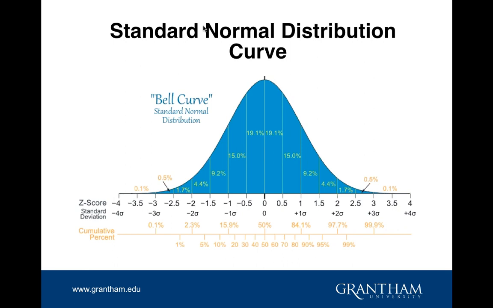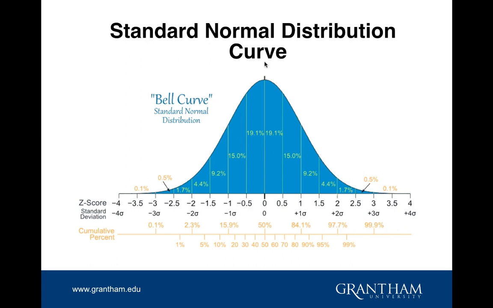Here is a graph of the standard normal distribution curve. Please note the identifying factors of the standard normal curve. In the middle of the graph and along the x-axis, we see a 0. This 0 is the mean of the standard normal curve.